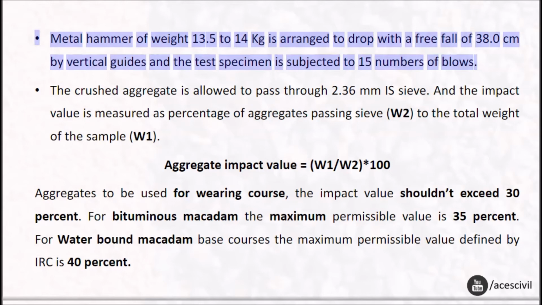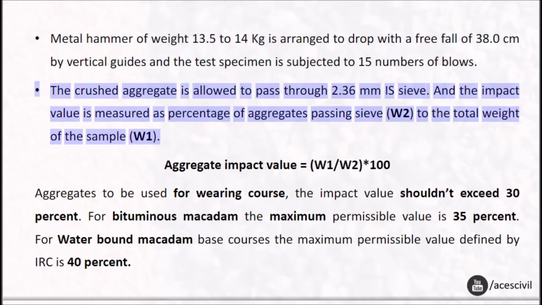A metal hammer of weight 13.5 to 14 kg is arranged to drop with a free fall of 38.0 cm by vertical guides, and the test specimen is subjected to 15 blows.